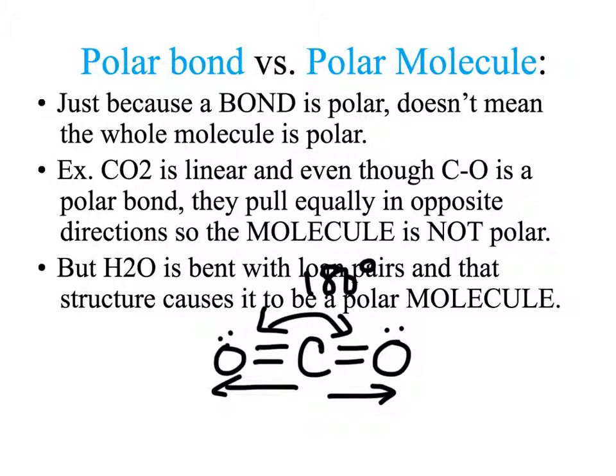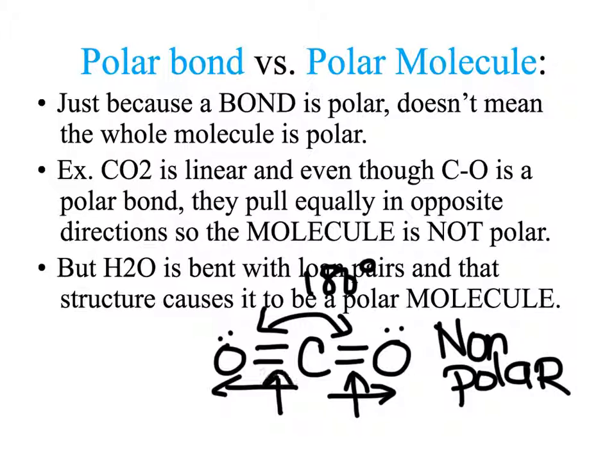So the overall molecule would actually be nonpolar, even though this bond and this bond by themselves are considered polar. If we look at water, on the other hand, we had this. The bond to oxygen is polar, it pulls this way, and this one is polar, and it pulls this way, and we actually end up with a polar molecule with a general pull in this direction.